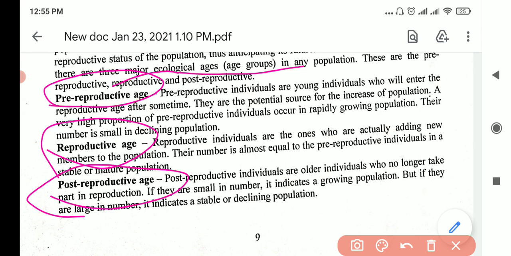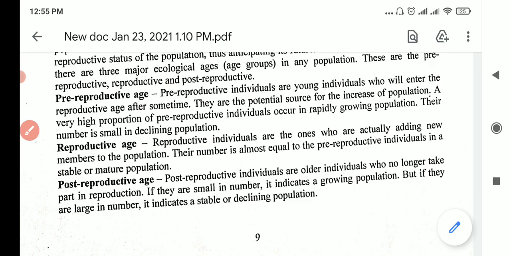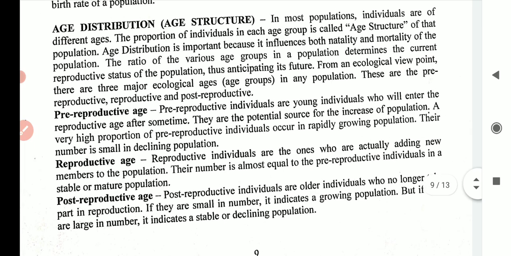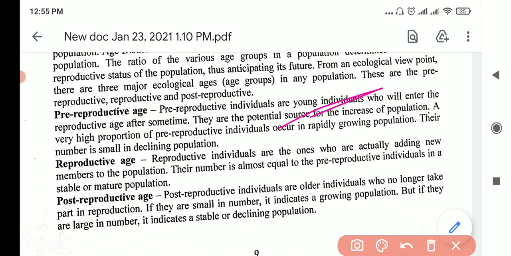Then post-reproductive will be the old people, like my father, your father and mother. Pre-reproductive are the young individuals who will enter the reproductive age after a certain time. If it's a 2-year-old child, maybe after 15, 16 years.